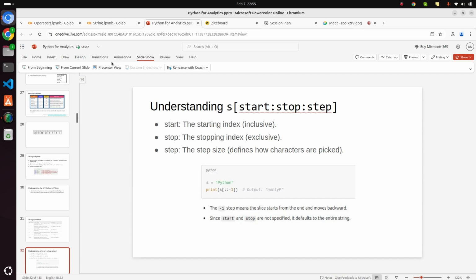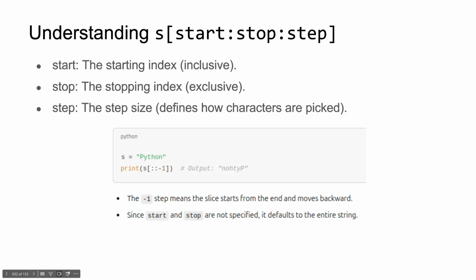Okay, from the current slide, right? Now you can see start and stop we have seen till now. Now we are going one step ahead. So if you write like this, this third part is your step. What I'm writing is this -1.